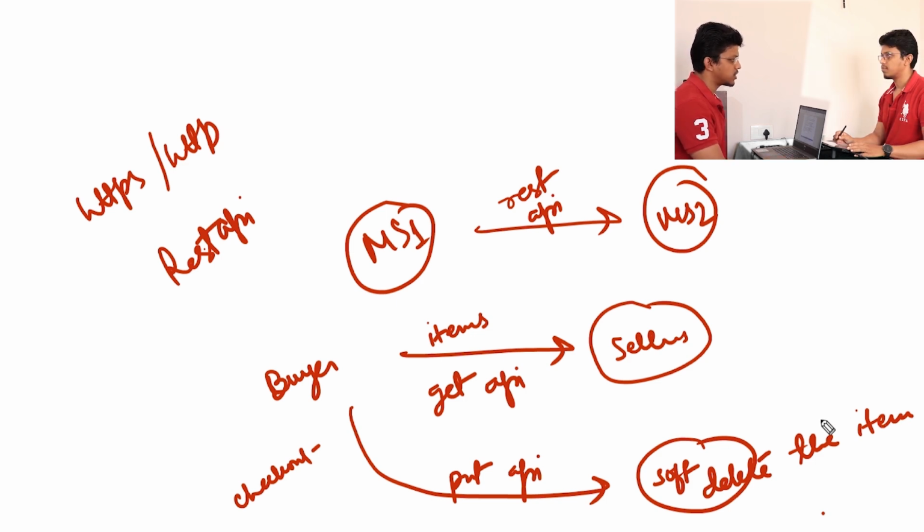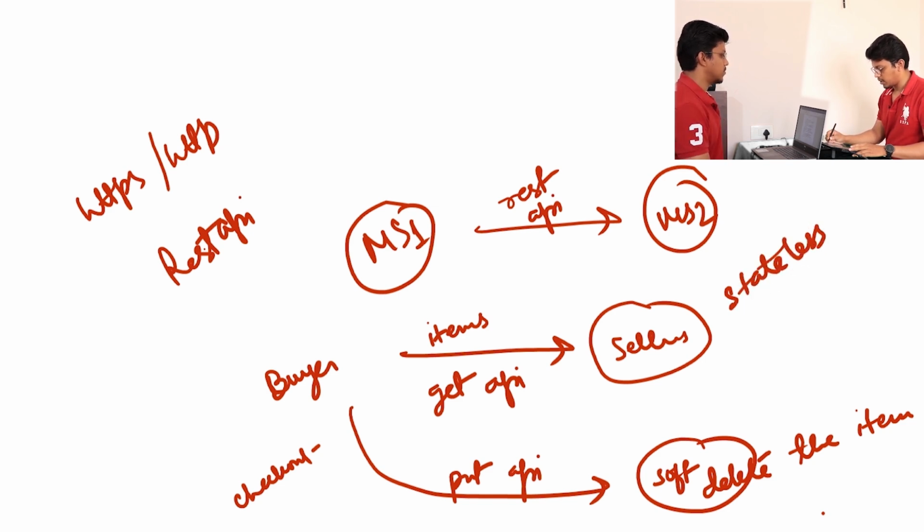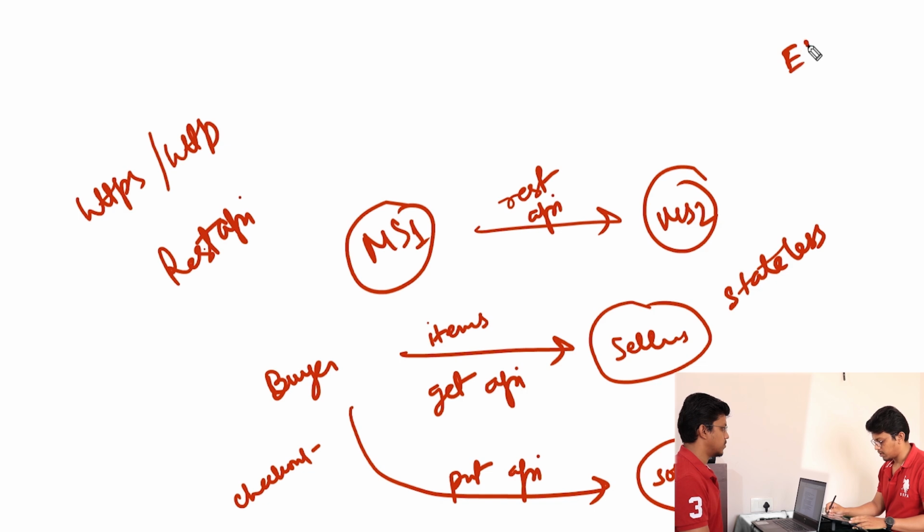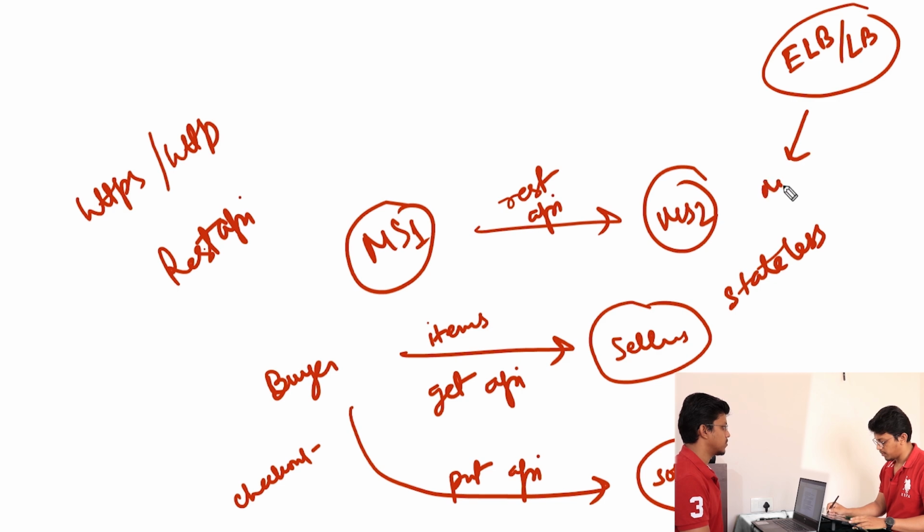So should it be stateless? Yeah, all the APIs are always stateless. Why stateless? Because inside an elastic load balancer or load balancer, similar microservices can be there.